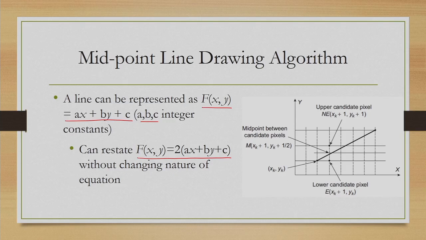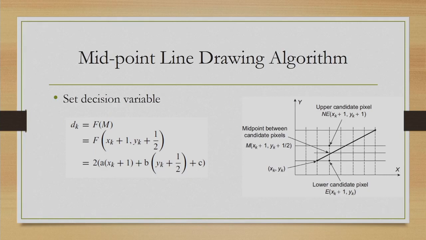That is just a trick. Then we set the decision variable dk, which is the function evaluated at the midpoint m, or at this point (xk plus 1, yk plus half).